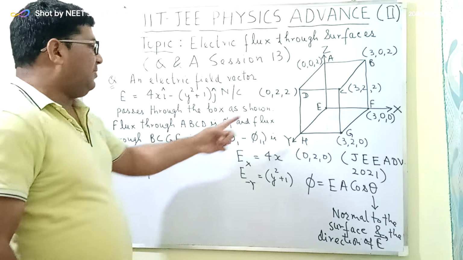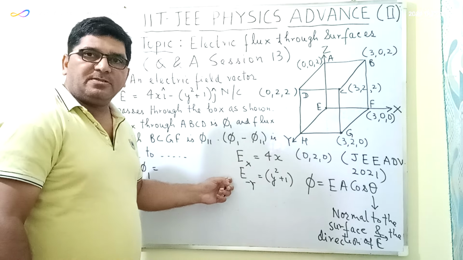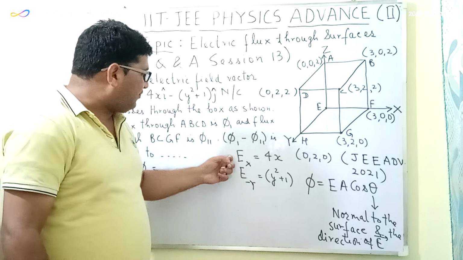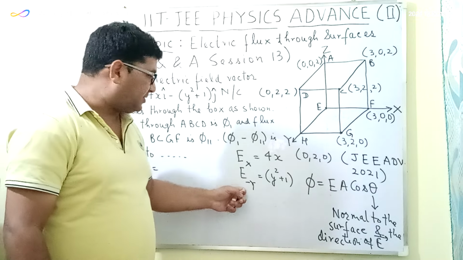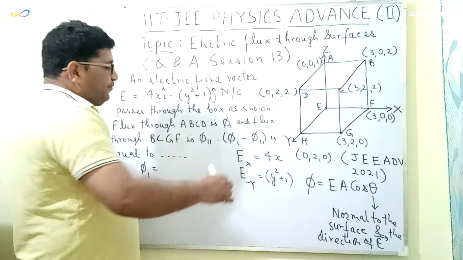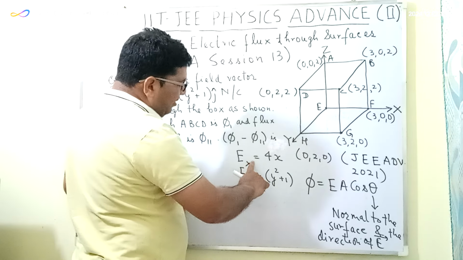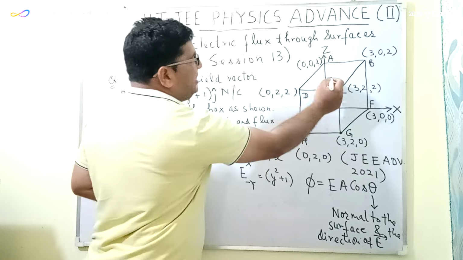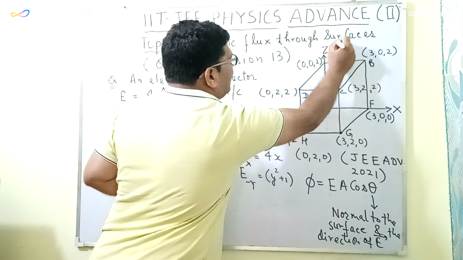See, the flux will be because of these two components, that is because of the electric field along the x-axis and the electric field along the minus y-axis. Now, the angle made by the direction of the electric field along the positive x-axis and the normal to the surface: the normal to the surface ABCD will be like this.